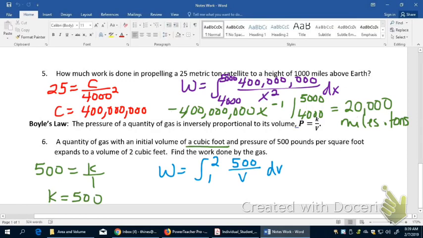So what's the antiderivative of 500 over V? It's natural log, yes. So 500 natural log of V, and then evaluated from 1 to 2. So you'll plug in 500 natural log of 2 minus 500 natural log of 1. And you get 346.6. And here are our units, feet, and then pounds.